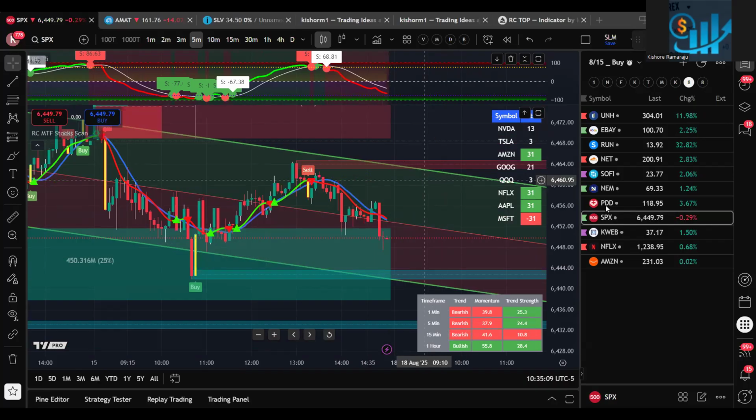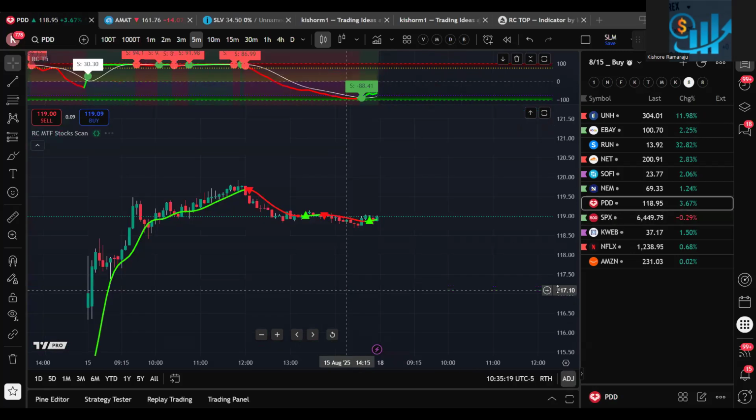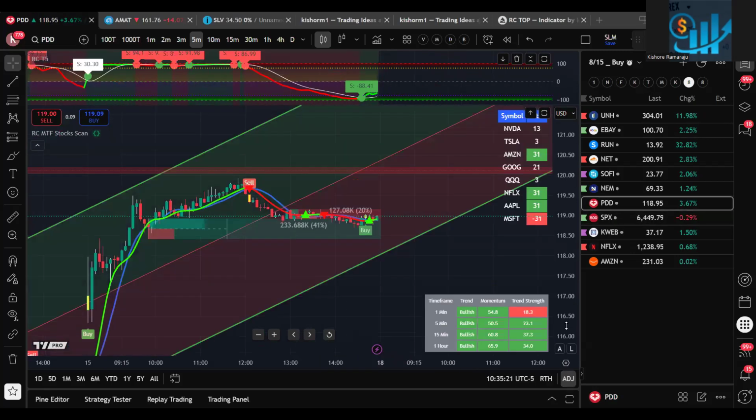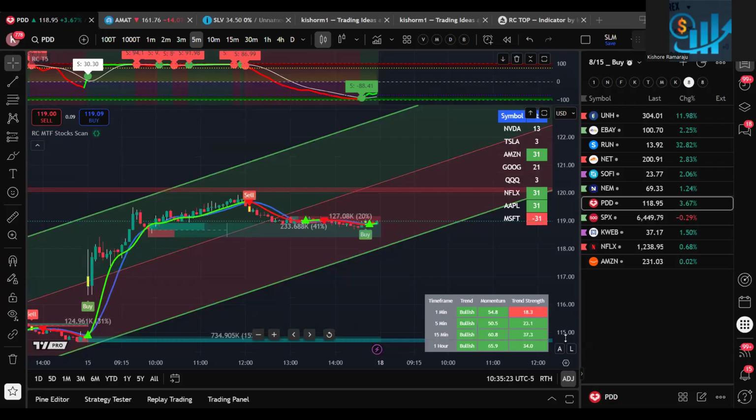So what do you think about PDD? Do you think PDD is bullish or bearish, by looking at the channel direction? Channel means this top line and this bottom line. Do you think PDD is in an uptrend or downtrend?